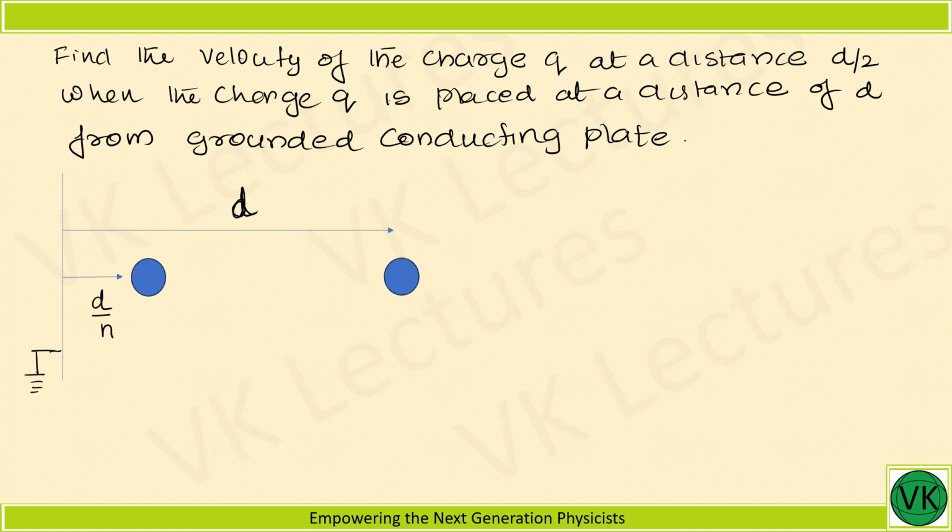Here is a question for practice. Find the velocity of the charge q at a distance d by n when charge q is placed at a distance of d from the grounded conducting plate. So this is the distance d from this grounded conducting plate to this point where the charge is placed, and after some time t our charge q reaches d by n.